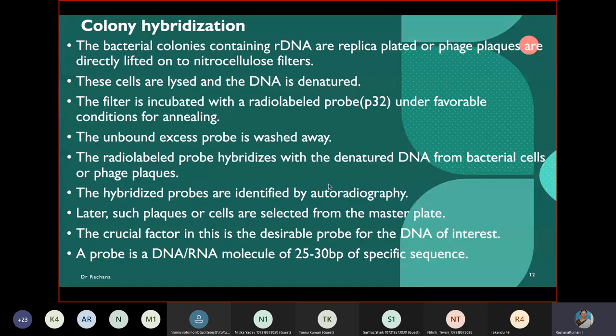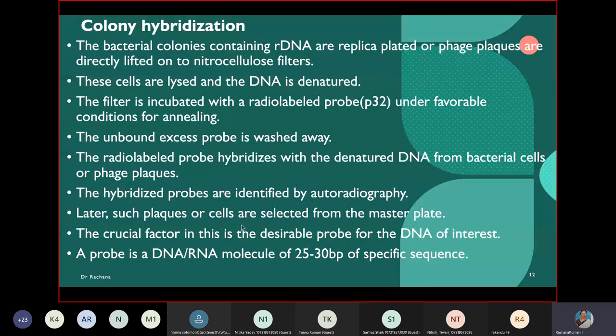Radiography is nothing but exposure to X-rays. And why did I use this word auto? Because the probe reached these bacterial cells as well as the phage plaques.